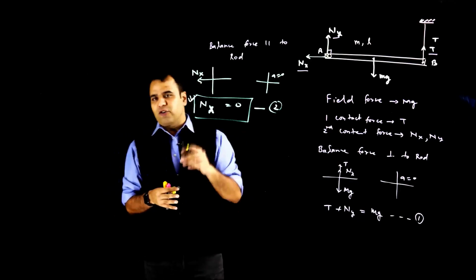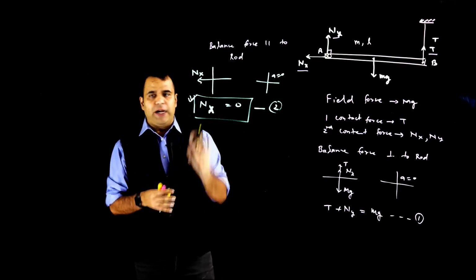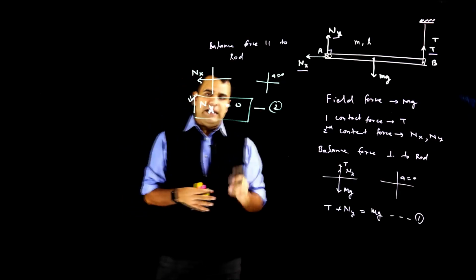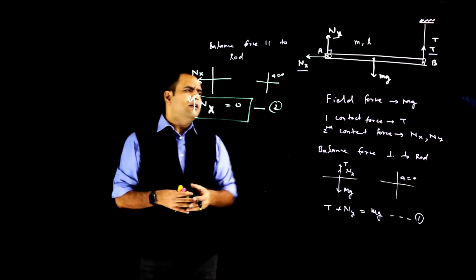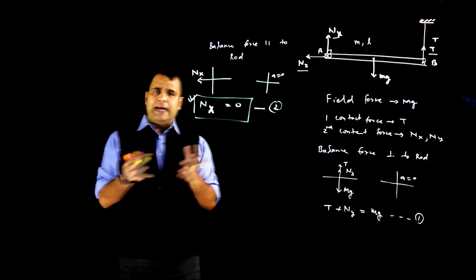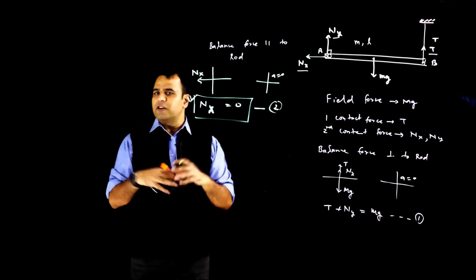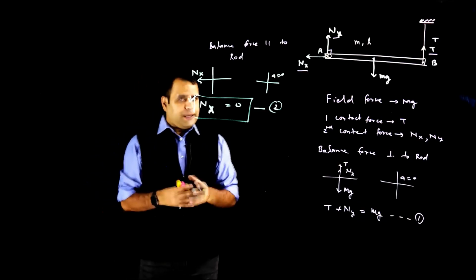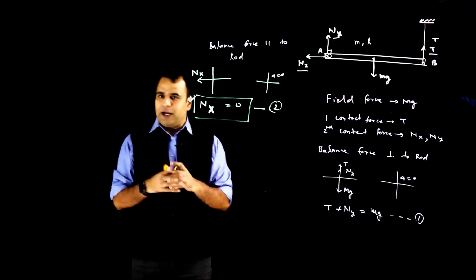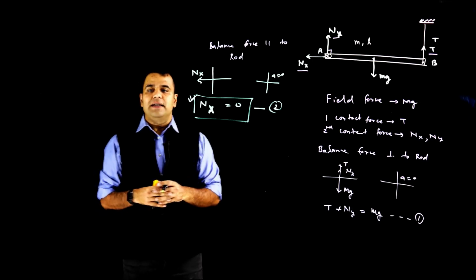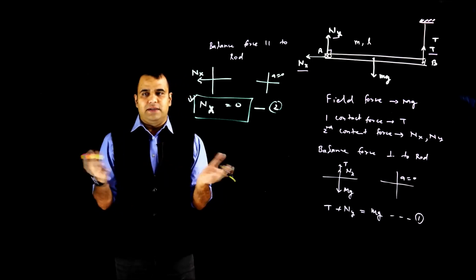So there is a question of a single point. If there is a single point in my system, and that single point is at rest, we can just say the net force acting on that point is 0. That's Newton's law. But if you find a system where there are multiple points, a combination of multiple points, and each and every point is at rest, we have 2 ways.